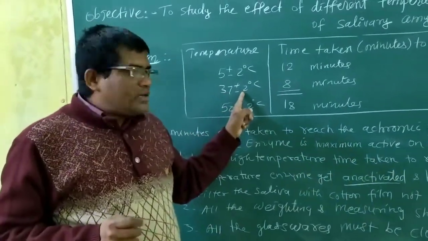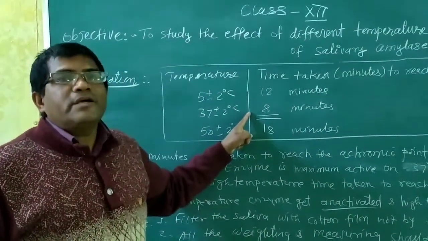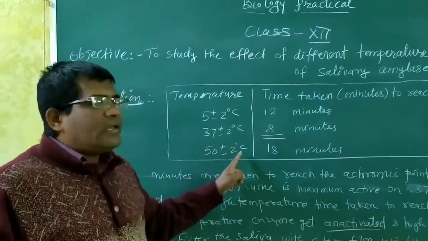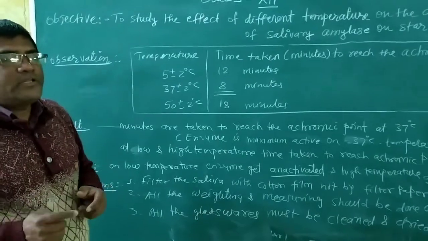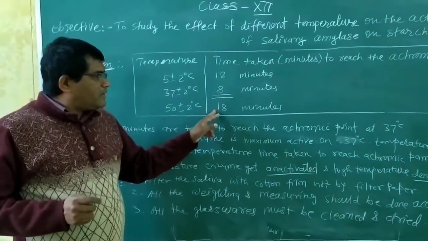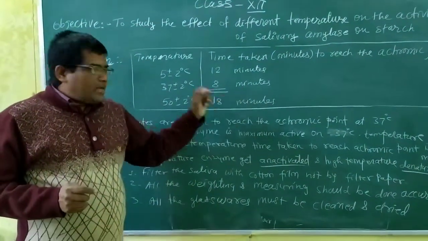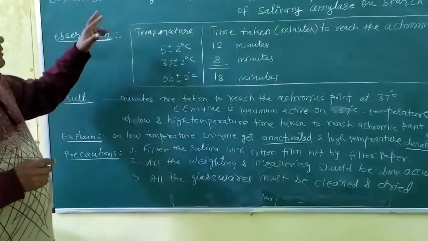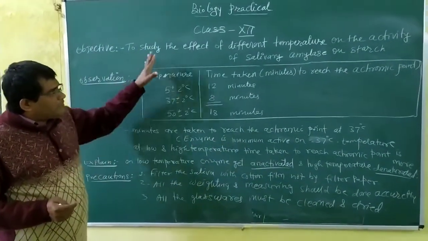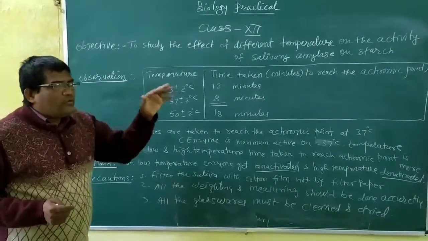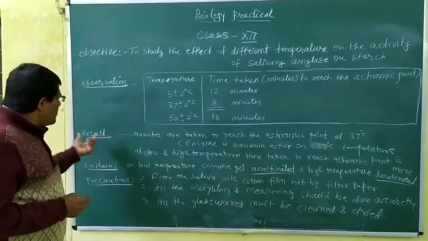Whereas at 37 degree temperature, the time taken is 8 minutes. And at 50 degree temperature, the time taken for the digestion of the starch by the salivary amylase is 18 minutes. So in the study of the effect of different temperature on the activity of salivary amylase on starch, what conclusion do we come to? We come to the result.